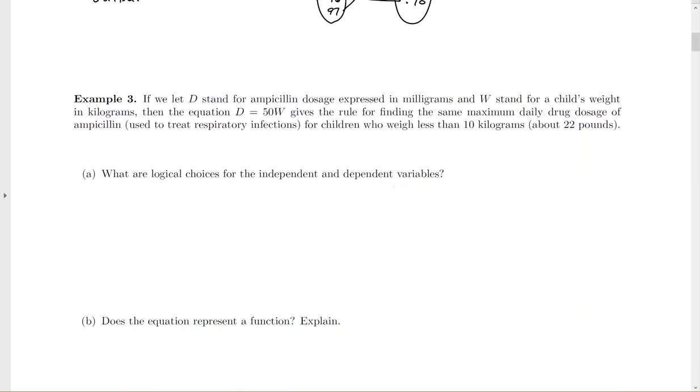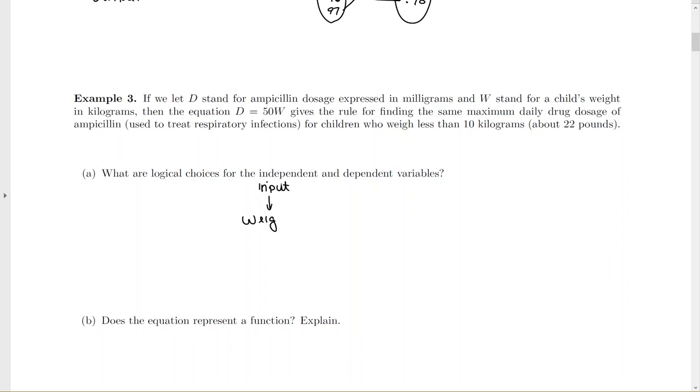For the next example, we let D stand for the dosage in milligrams and W stand for the child's weight in kilograms. Then we have this formula, D equals 50W, gives the rule for finding the maximum daily drug dosage of ampicillin. So what are the logical choices for the independent and the dependent? Remember, the independent is the input. And according to my rule here, the input looks like if I know the weight, that's my input.